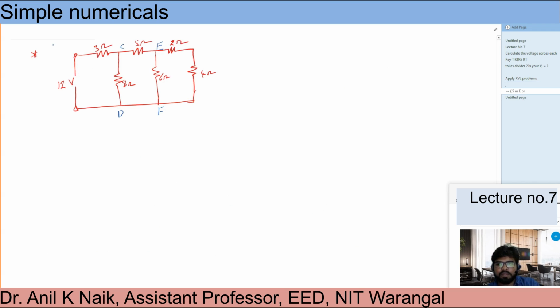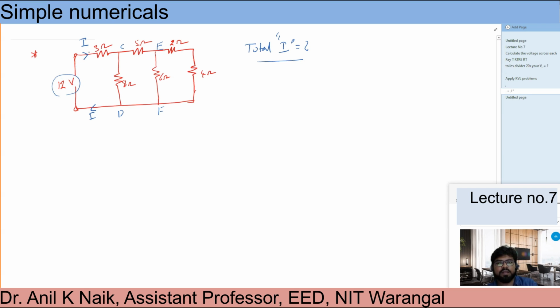This circuit has been given to us and they are asking to find the total current flowing through this circuit. What is the total current I coming here? This total current is due to the 12 volt source we have connected here. Due to this 12 volt source some current is flowing in all these elements and then coming back.